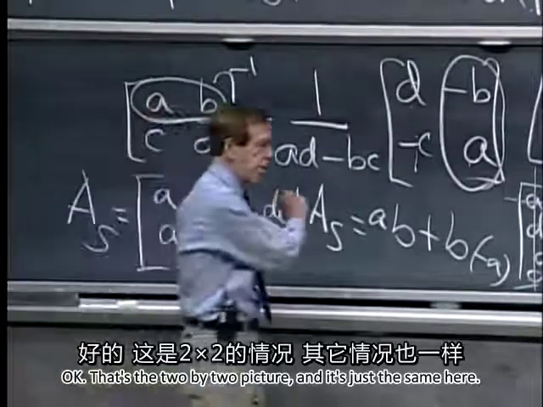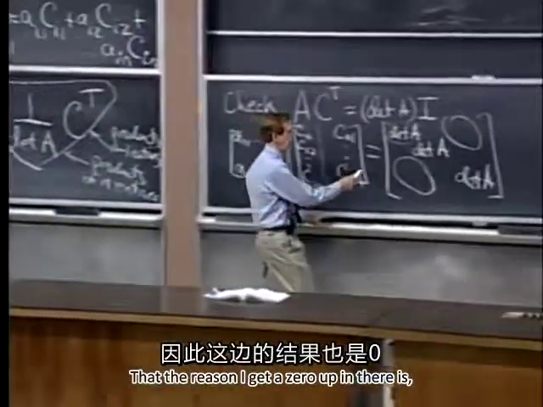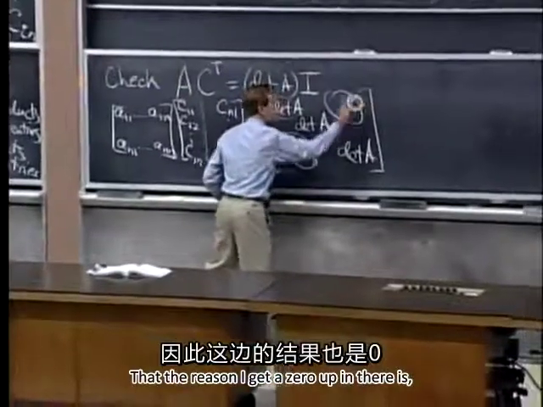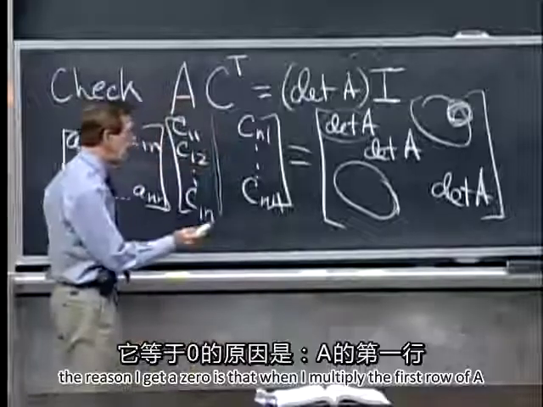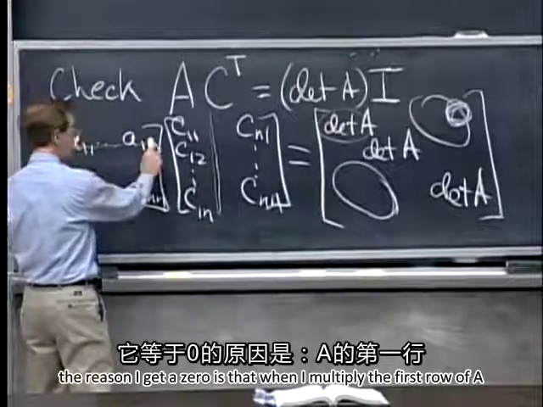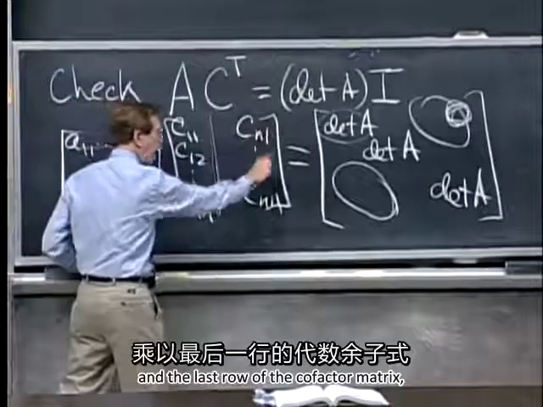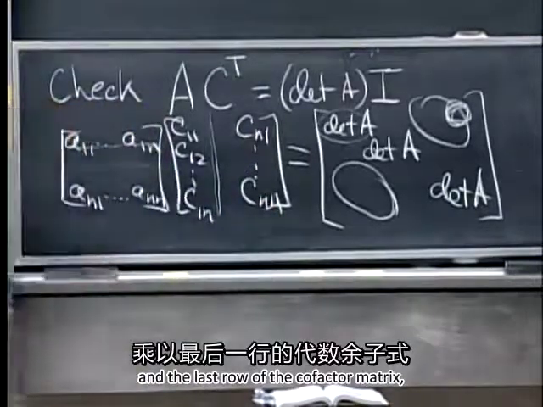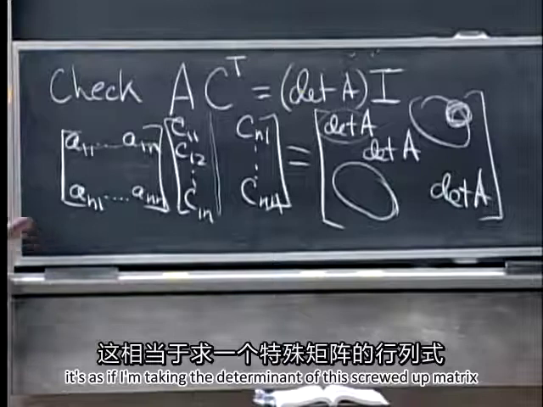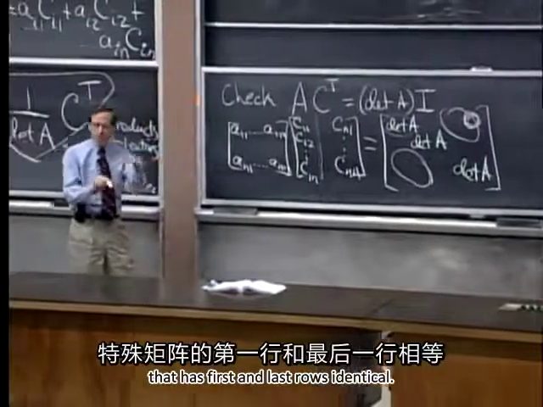That's the 2 by 2 picture, and it's just the same here. The reason I get a 0 is that when I multiply the first row of A and the last row of the cofactor matrix, it's as if I'm taking the determinant of this screwed up matrix that has identical first and last rows.